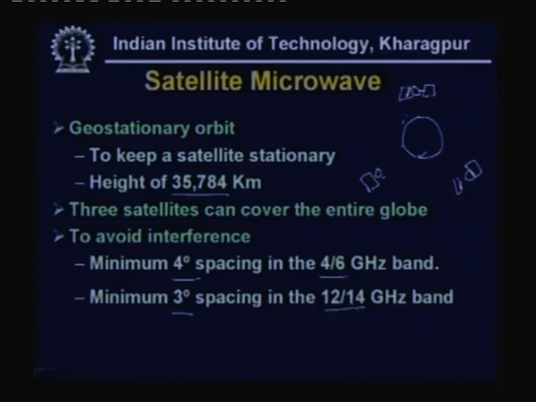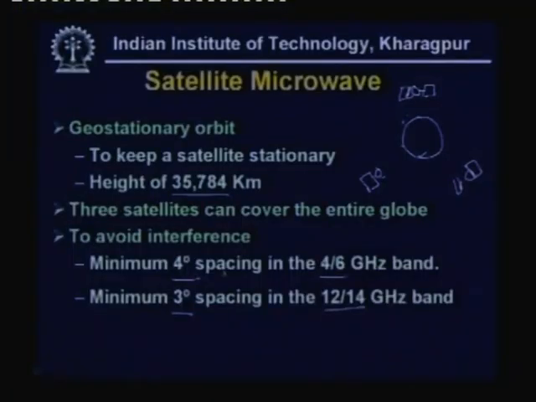As we shall see, these are the popular frequency bands used for microwave communication. So the number of satellites is restricted because of this minimum spacing required, so that there is no interference between the signals generated by 2 satellites, because they are using these common frequency bands, 4/6 gigahertz or 12/14 gigahertz.